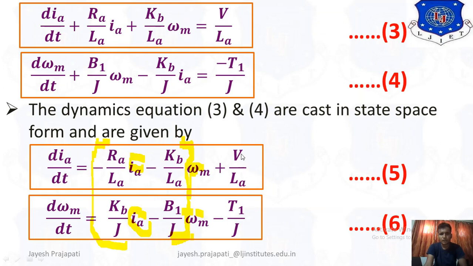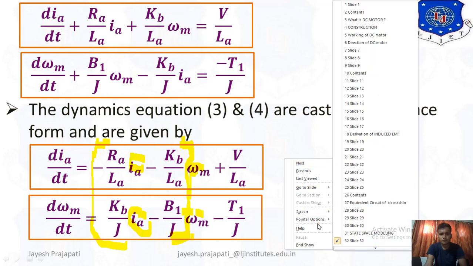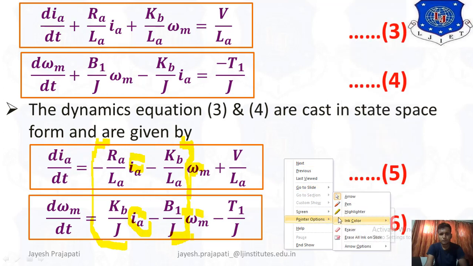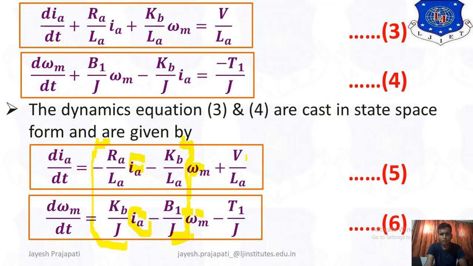So here we write 1 by La, and here we can write 0, here also 0, and here only 0, then here minus 1 by J. And here we can write this 2 by 2 matrix, and also we can write V and T1.